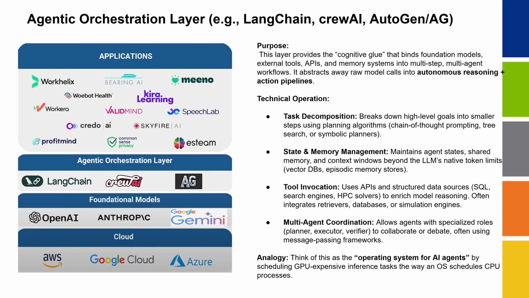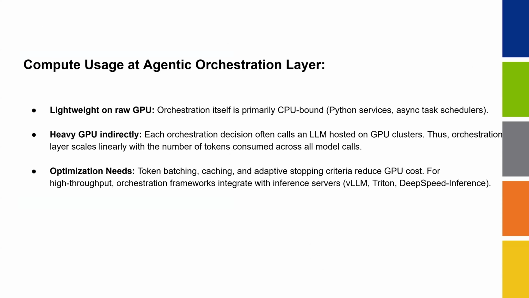So the compute requirement of the orchestration layer is very small. It's the application layer that gets dynamic compute requests based on the demand that each individual application has through its users. We'll briefly skim through compute usage at each layer.